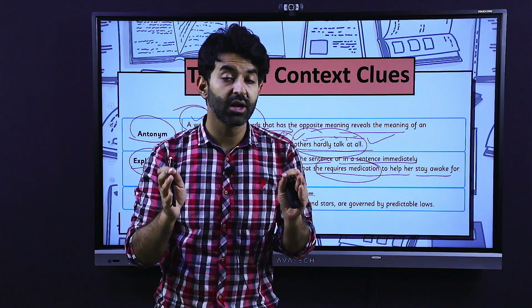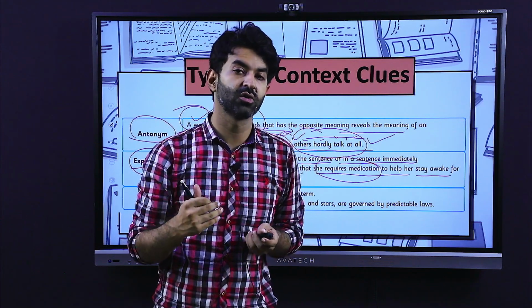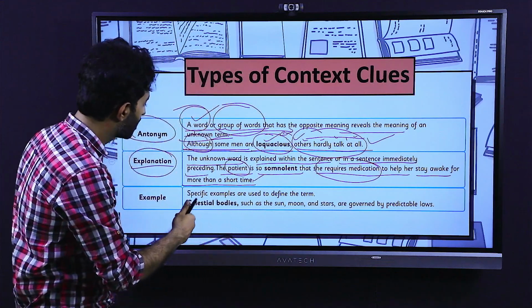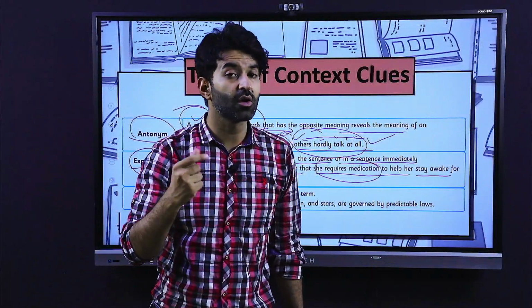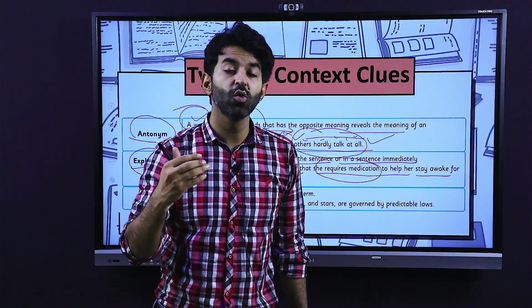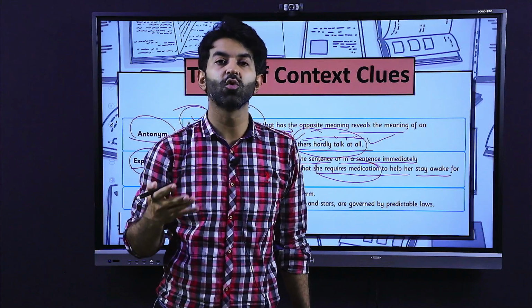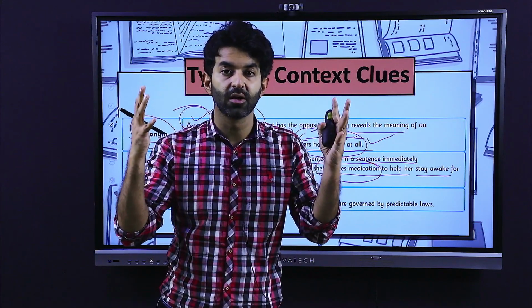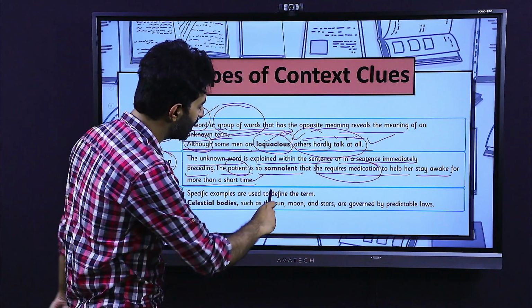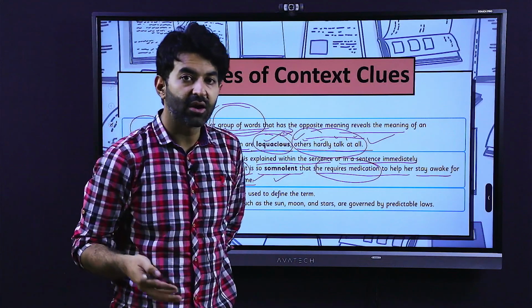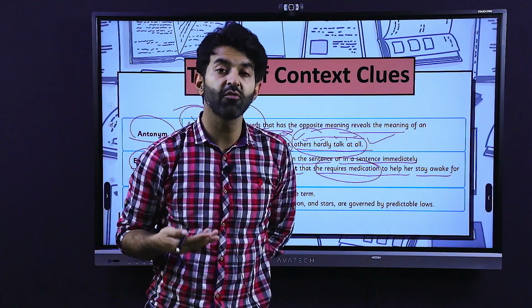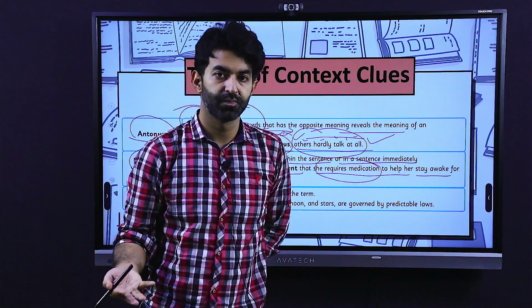It is a word related to unconscious because the patient is sleeping all the time and is awake for a very short time. So that's how we reach the right meaning.